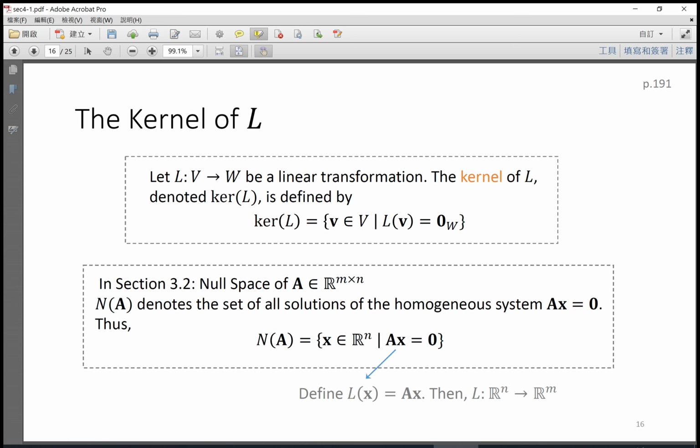If we define a mapping L where L(x) = Ax, then L is a mapping from R^n to R^m.